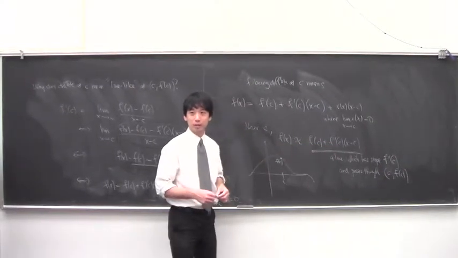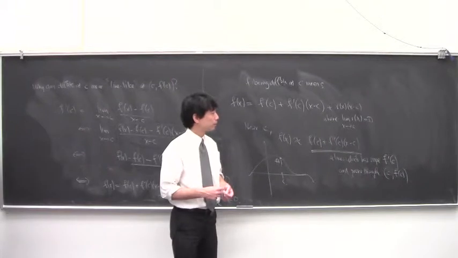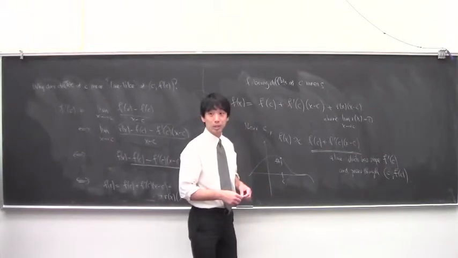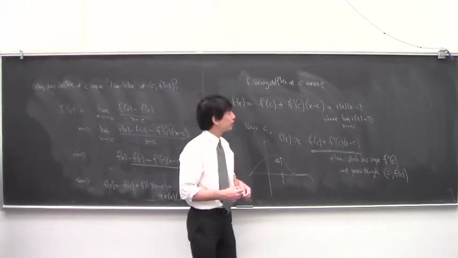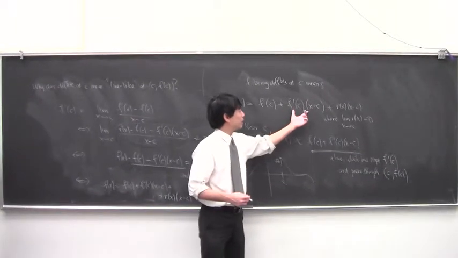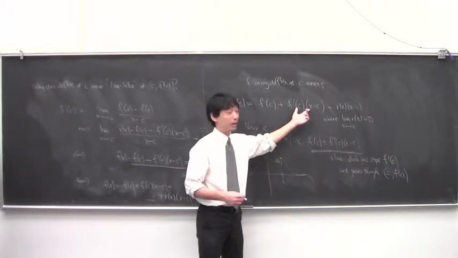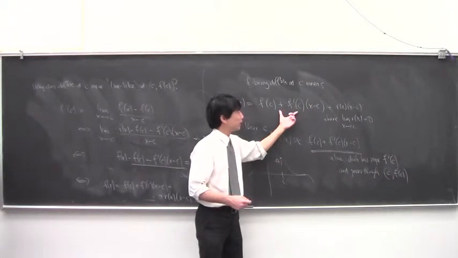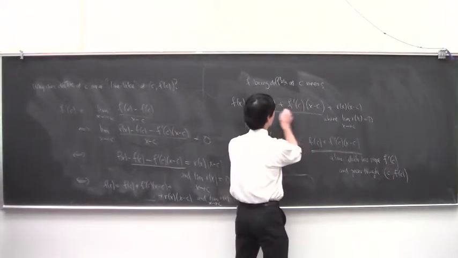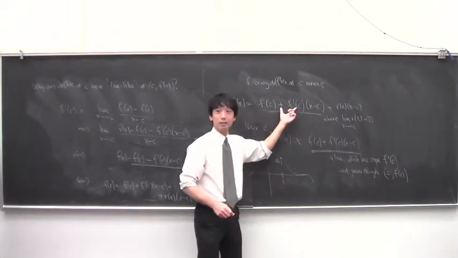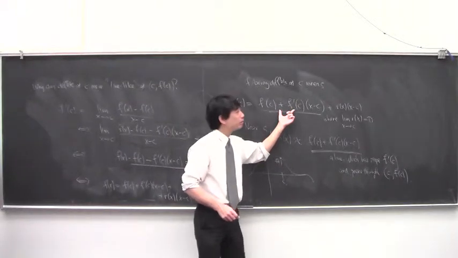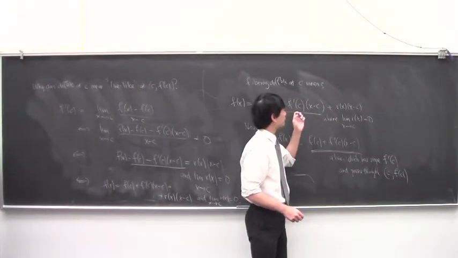Yeah, Mariah. Wait, why can you say that on the right side of the equation, x minus c goes to 0 and it's a product of zeros, but then the other x minus c, you don't say that it becomes 0? Yeah, I mean, you could say that it becomes 0, but then you're sort of ignoring what we want to focus on, which is that the thing is line-like. Won't they go to 0 at the same rate? You mean the right side of the stuff?